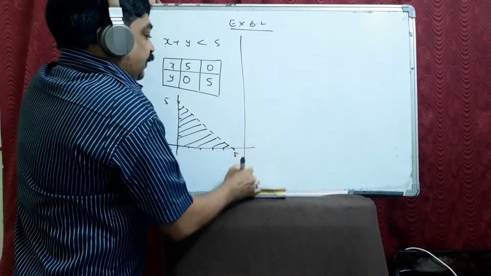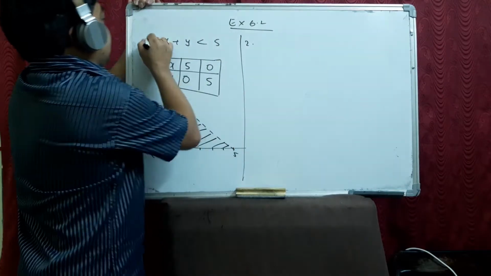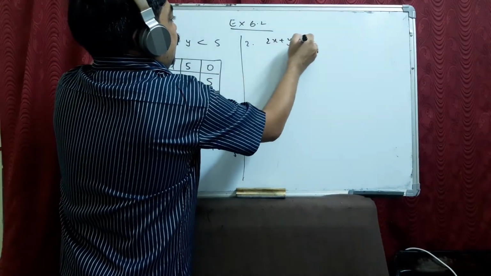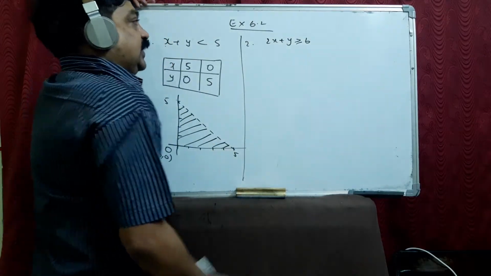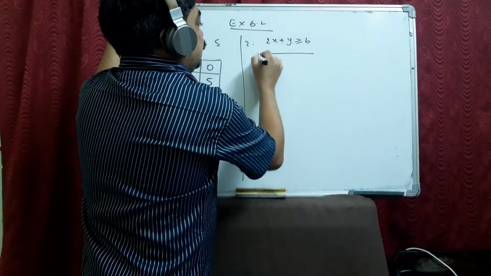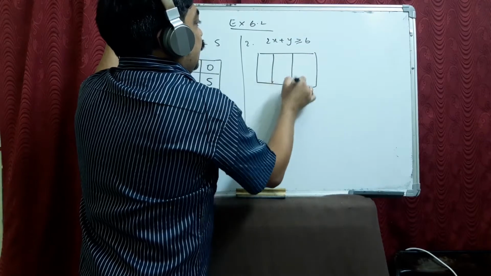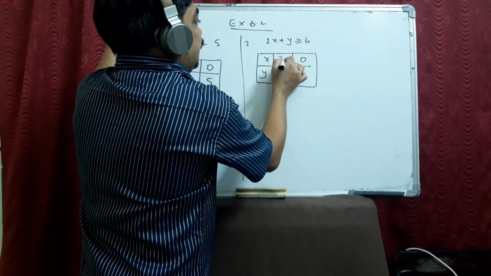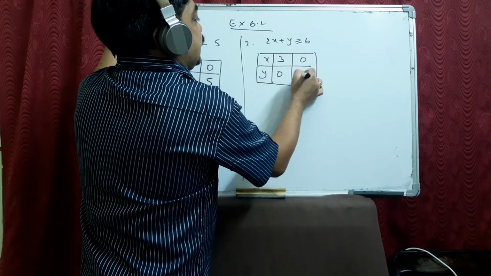In the same way, in the next question, they have given 2x plus y greater than or equal to 6. Let us see. Take a box with x, y and 0, 0. When y is 0, x will be 3. When x is 0, y will be 6.